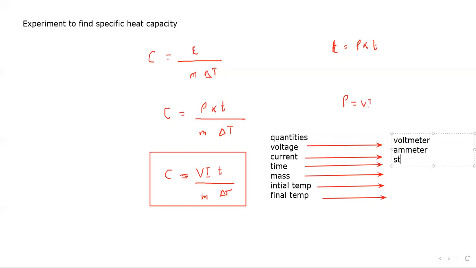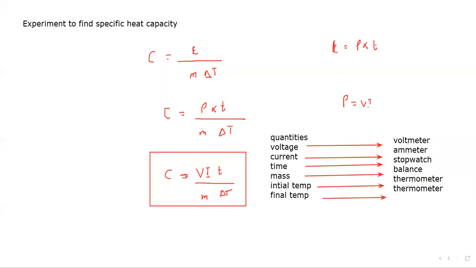Time is measured by a stopwatch. Mass is measured by a balance. Initial temperature by a thermometer, and final temperature also by a thermometer. And we calculate the temperature change as the difference of the two values.